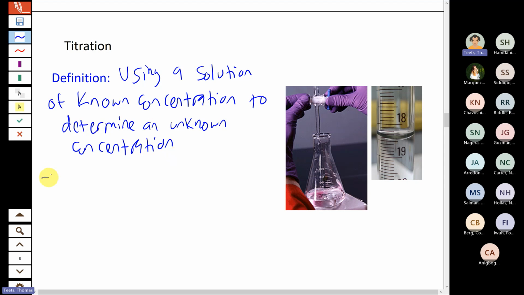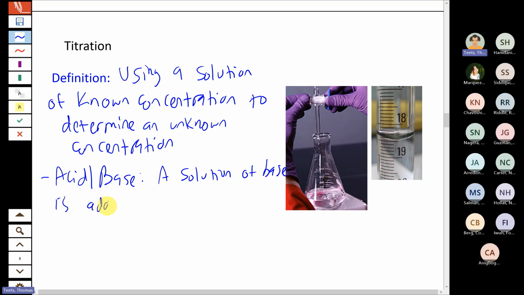So the most common type is acid-base, where we're mixing a solution of acid and base, where one of them we know the concentration, the other we don't. So you can either add base to acid or acid to base. You can do it in either order.